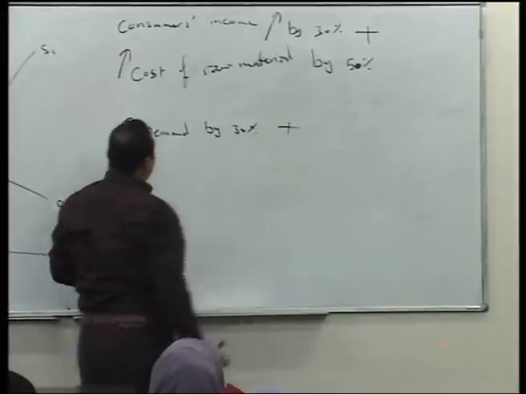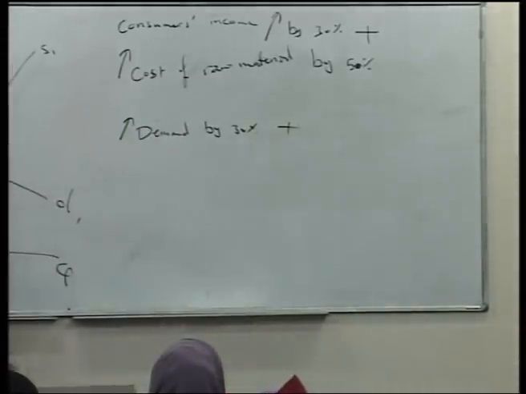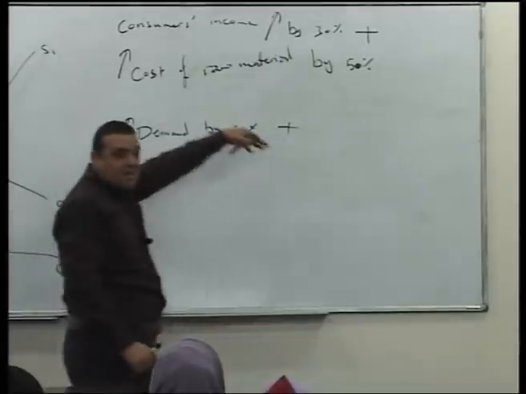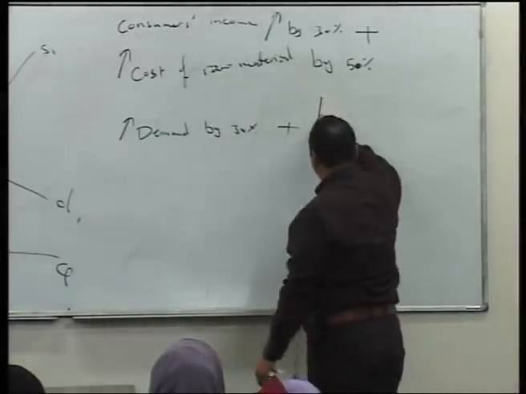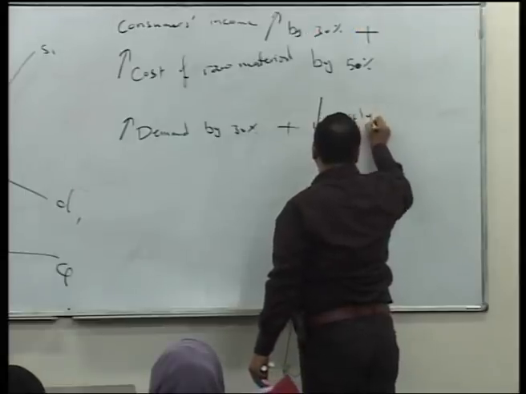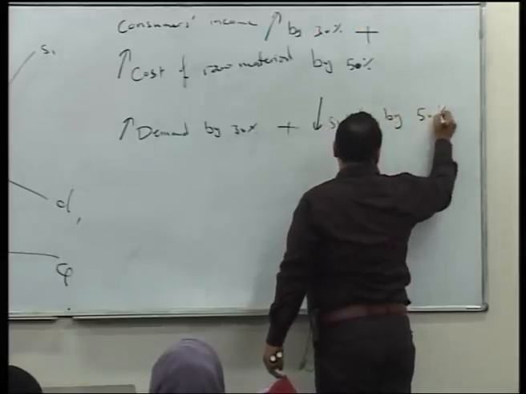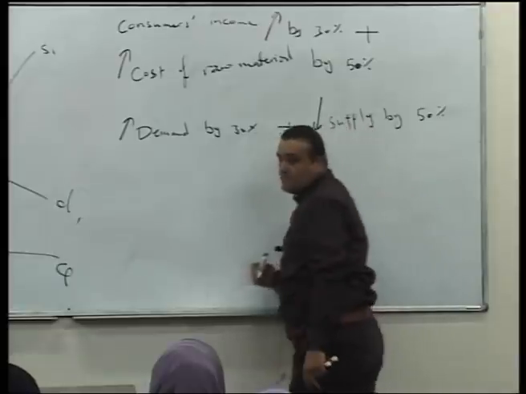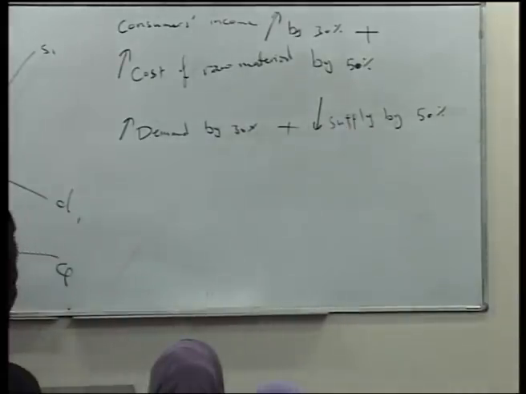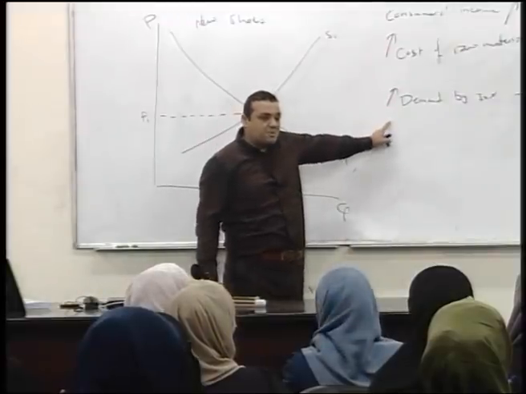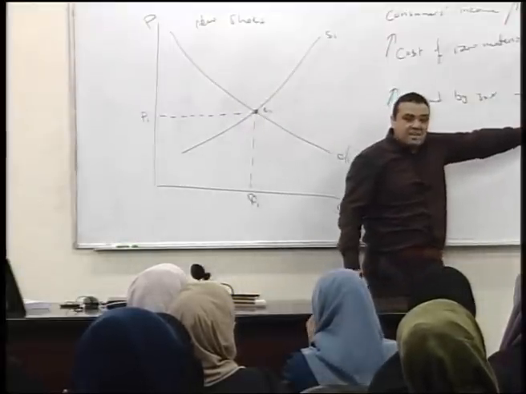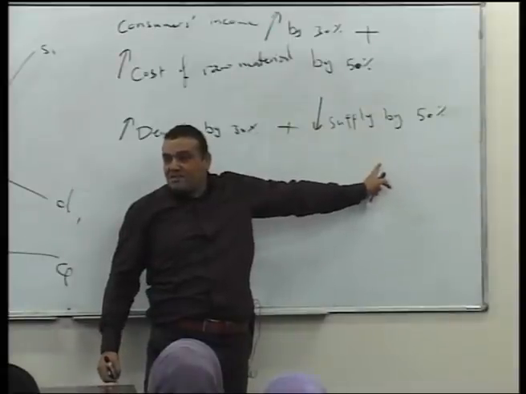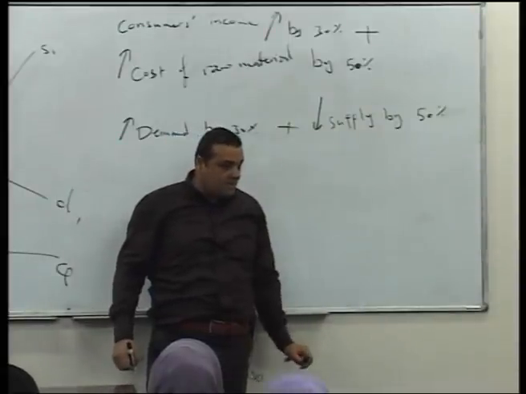Plus, increasing the cost of raw material leads to a decreasing ability to produce, so decreased supply by 50%. This is leftward shifting by 30%, rightward shifting by 30%, and this is leftward shifting, or shifts left, by 50%.